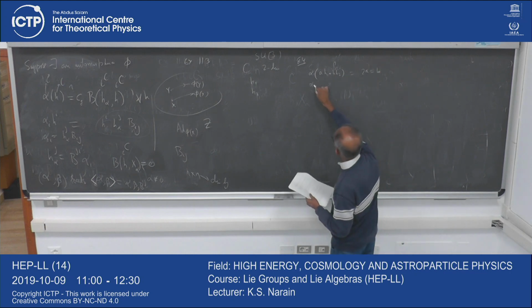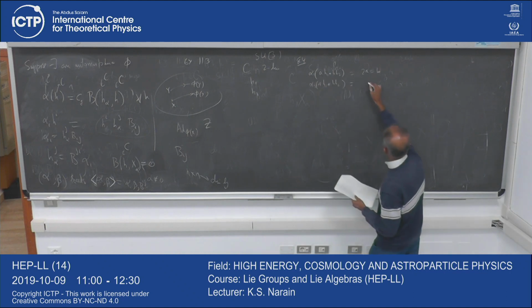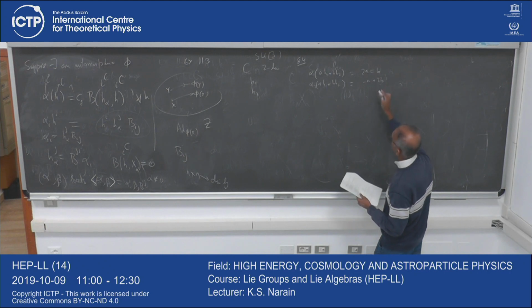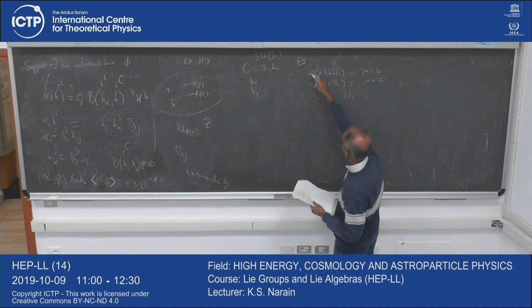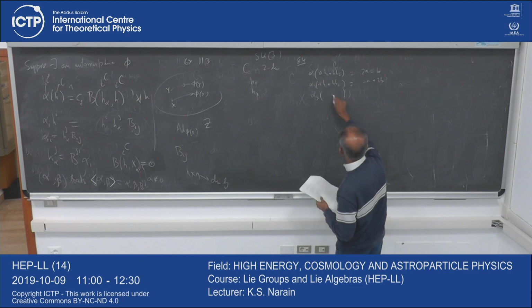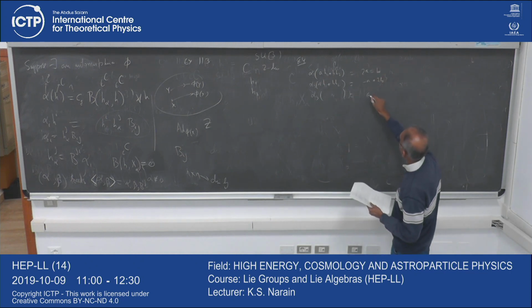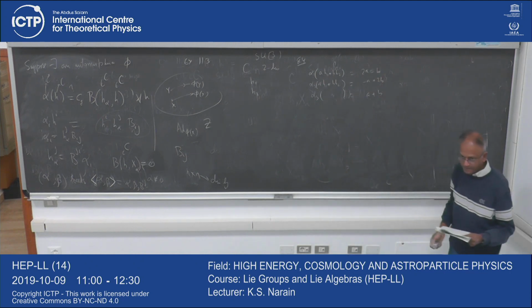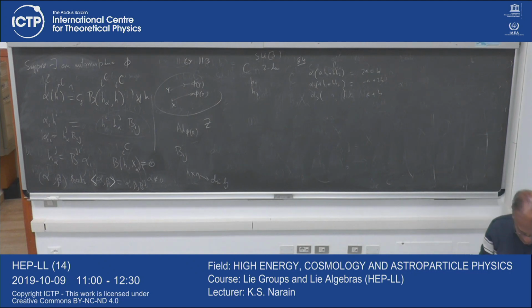And alpha 2 is AH1 plus BH2, equal to minus A plus 2B, and alpha 3, which was the sum of the two, alpha 1 plus alpha 2, is A plus B.